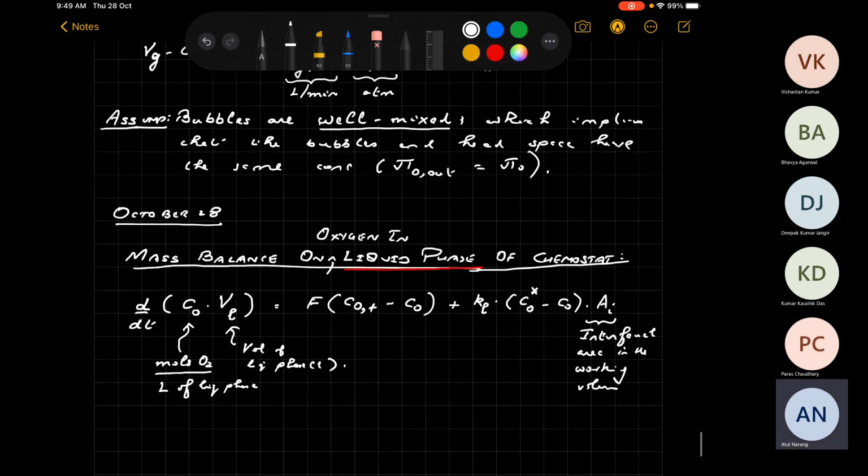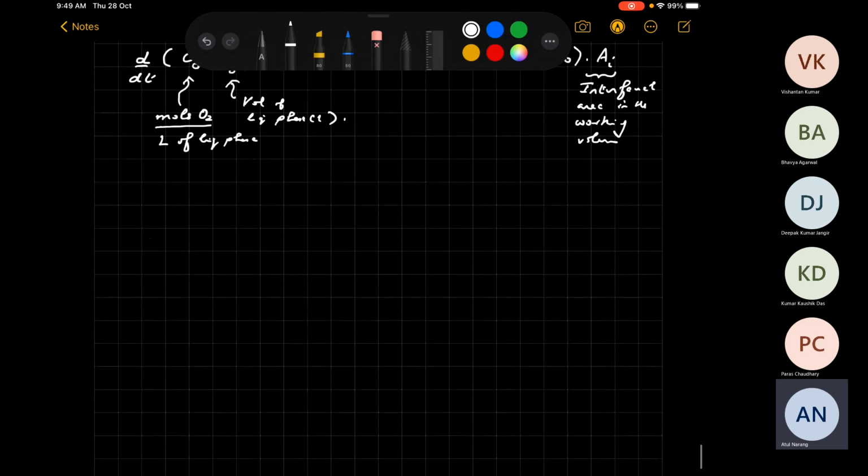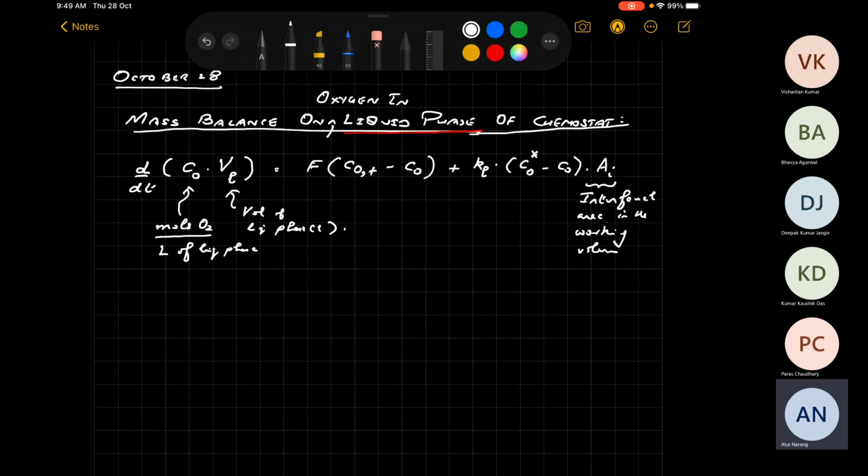So AI represents the total interfacial area in the rectangle marked by the red portion. So this is the amount that's coming in, and keep in mind that this CO star, as we went through it, is nothing but by equilibrium.